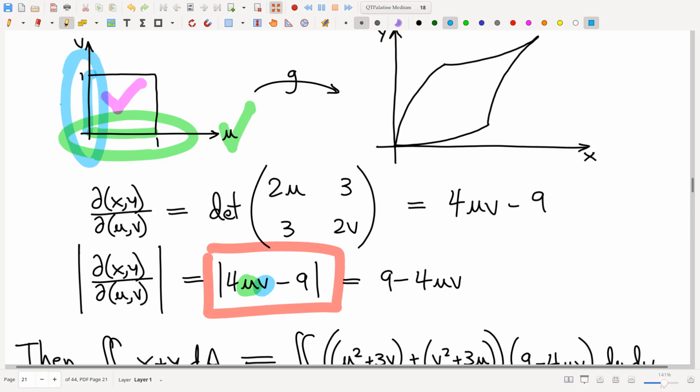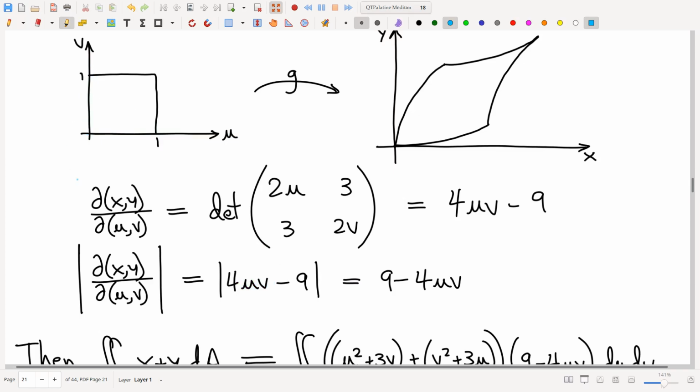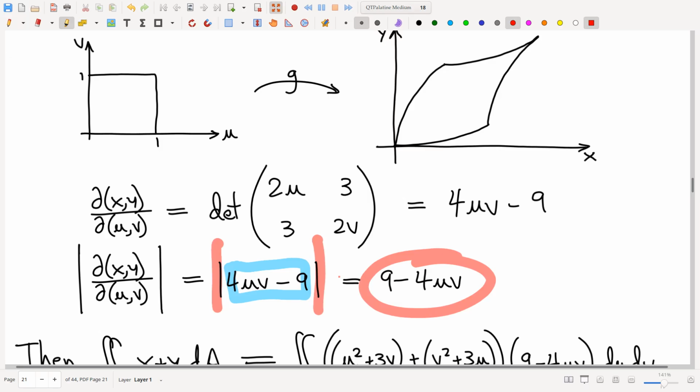Okay, and so now that we know that this expression is always negative, its absolute value is the negative of itself. And I hope that's cool with everybody, right?